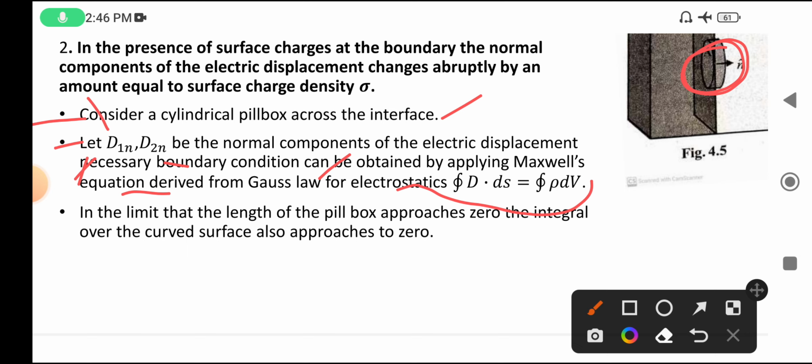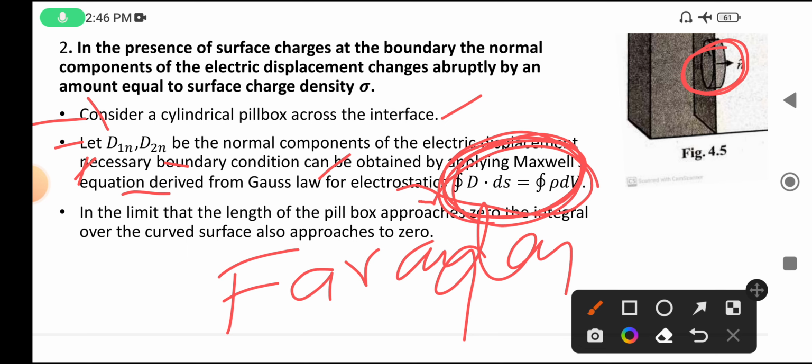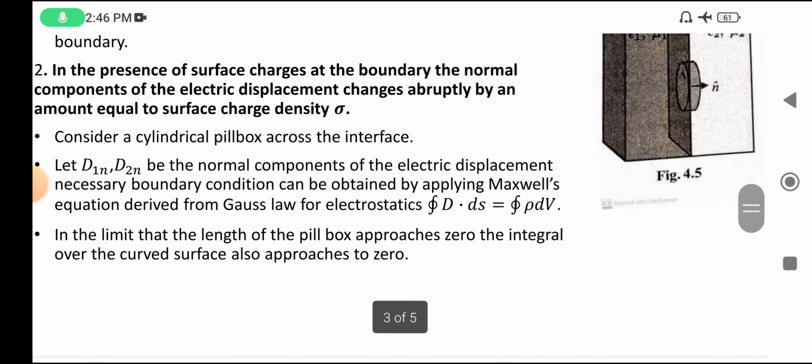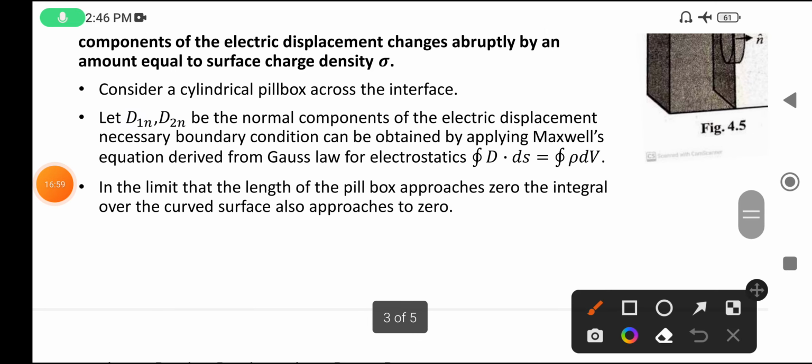Here which law are we applying? Gauss law. In tangential we applied Faraday's law, but now we are applying Gauss law, the integral form. Gauss law is the integral of D dot dS equals the integral of rho dV.